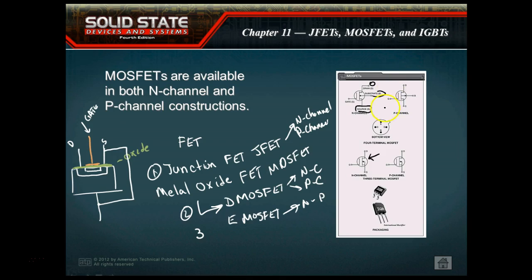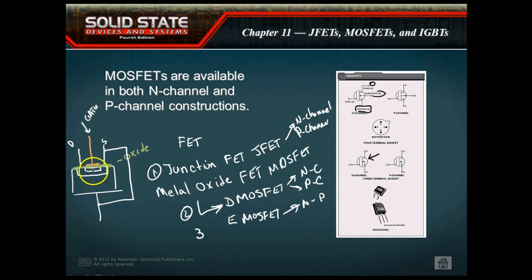We have this oxide layer that is extremely thin, and so what we're doing is we're basically forming a little capacitor right here. And if you remember, capacitors operate off an electrostatic field.